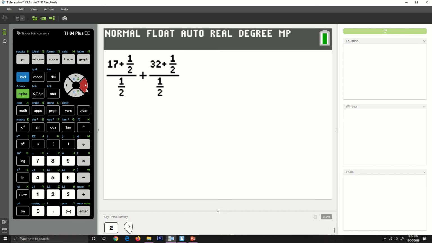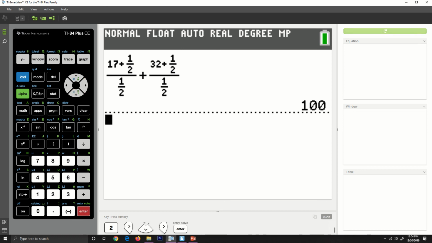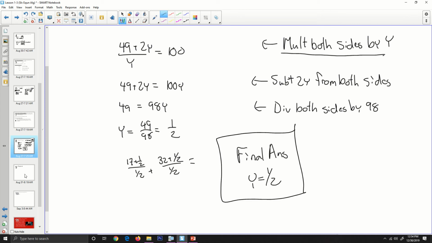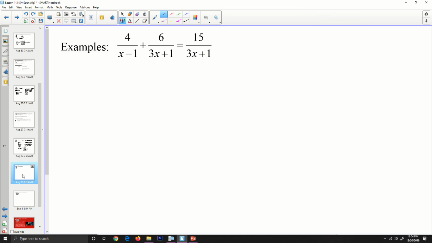And if I did everything right, I should get 100. How about that? So that one checks out. We are good there. Final answer is y equal to 1 half. That is correct. Okay, let's try another one. This one's a little bit different.